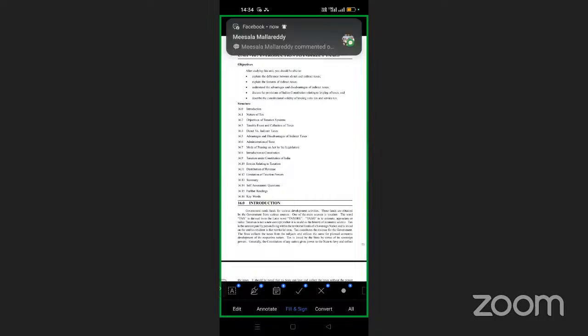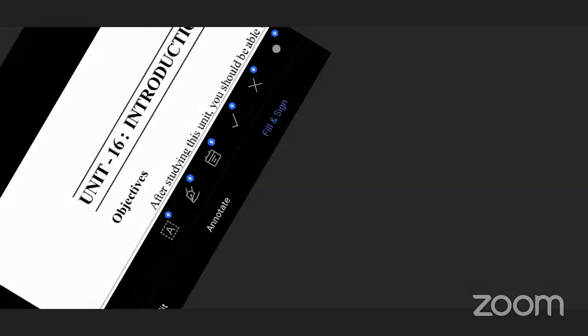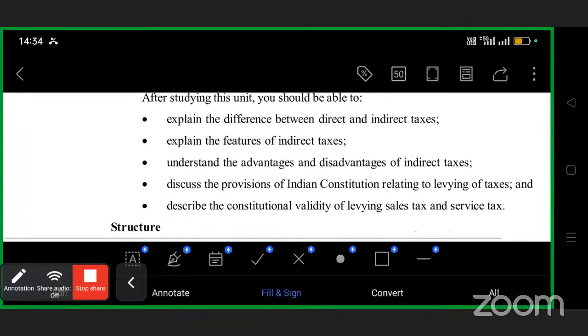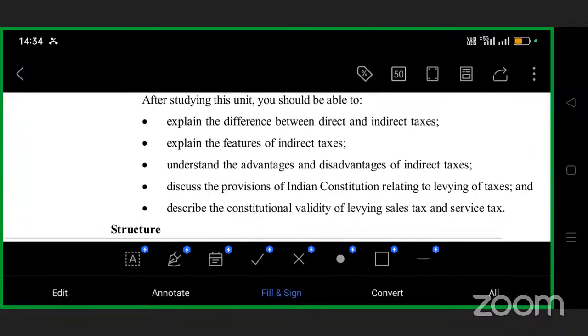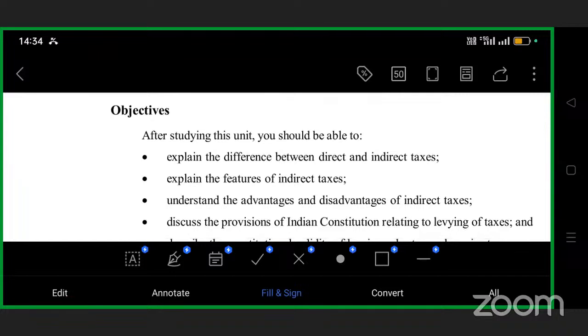Are we paying tax? Does a small child of 5 years or 10 years pay any tax to the government?